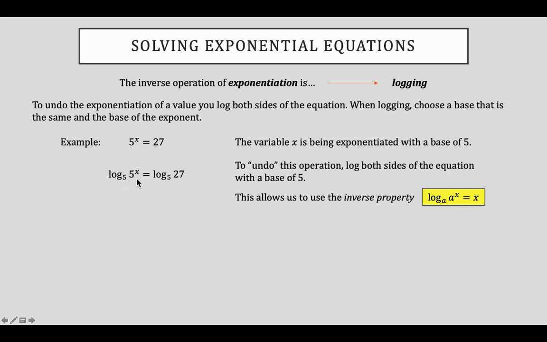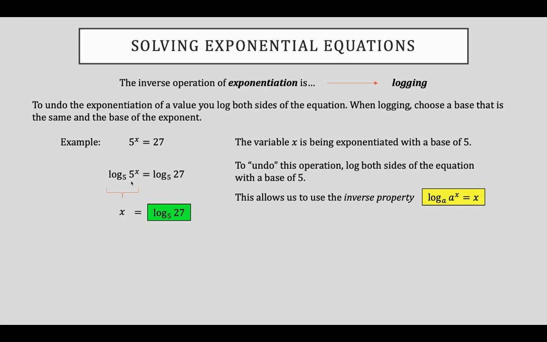So what happens? That just turns into x. There we have x. Okay, so x is now equal to log base 5 of 27. And there we have our solution. We have solved for x. Notice that logging with a base of 5, an exponential quantity with a base of 5, undoes that exponentiation here. Those are inverse operations, and they cancel each other out.